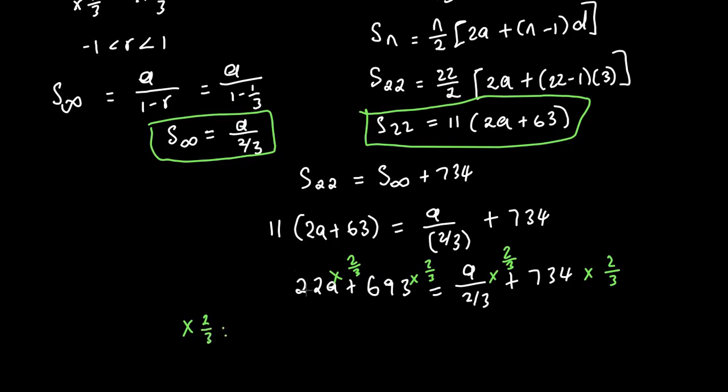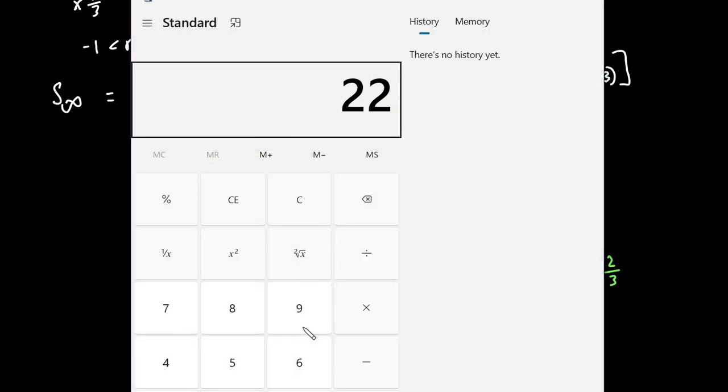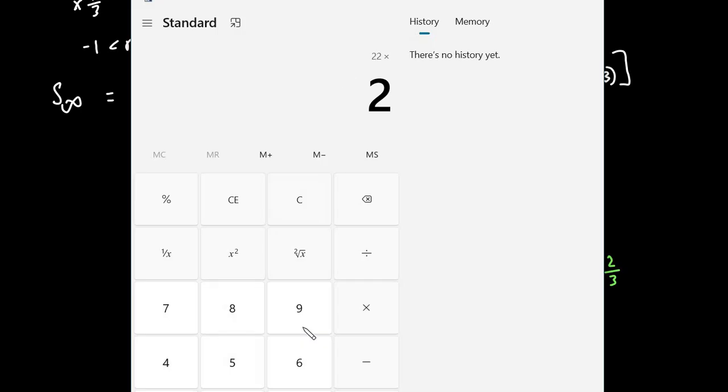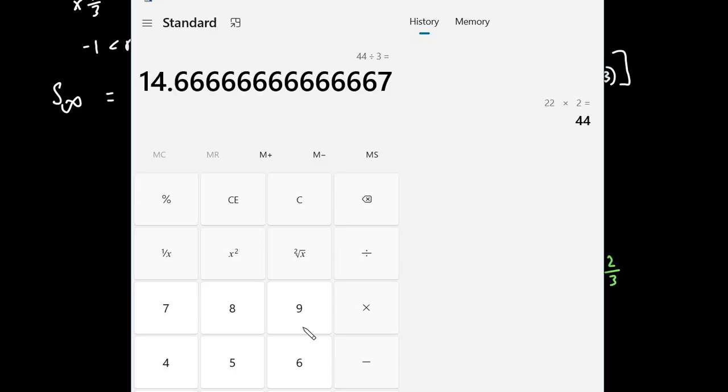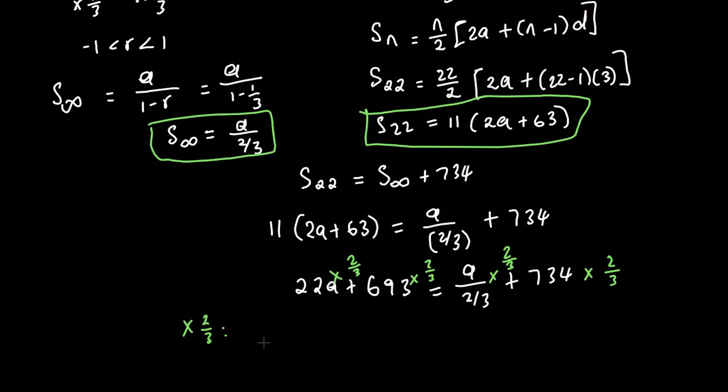So if I do that now, I'm going to have 22 times 2 over 3. I don't know if that is going to be correct. Can you maybe try to get the answer for me? So the answer is going to be 44 over 3. Thanks for that.